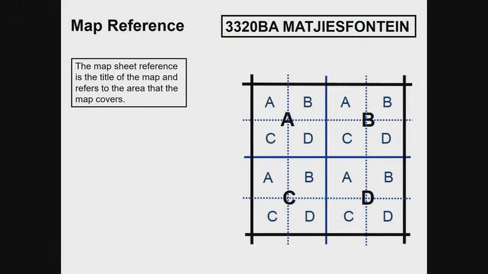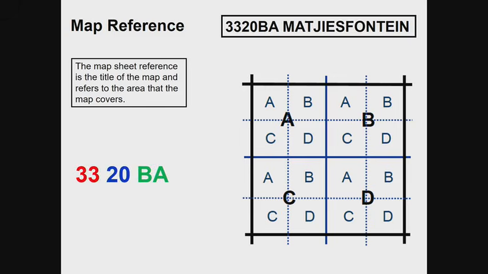Let's go back to our slide quickly. And you can see exactly what I said. There's big block A, B, C, D, smaller blocks A, B, C, D within each big block. Mapwork is 3320. So Mapwork will have a latitudinal position of 33 degrees and a longitudinal position of 20 degrees, and it is in block BA.